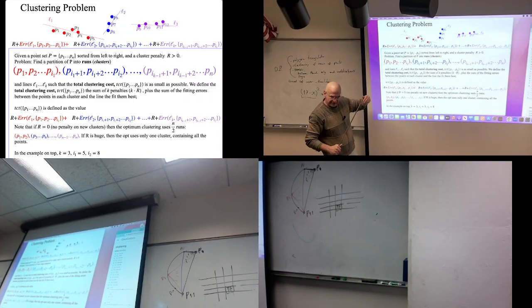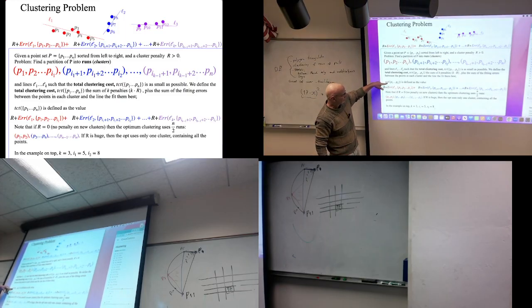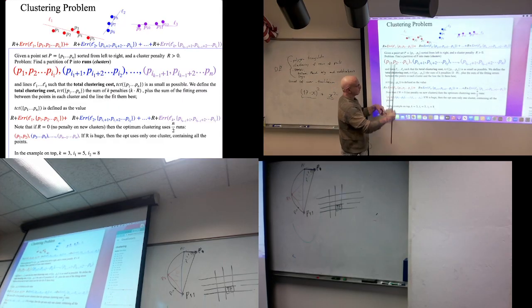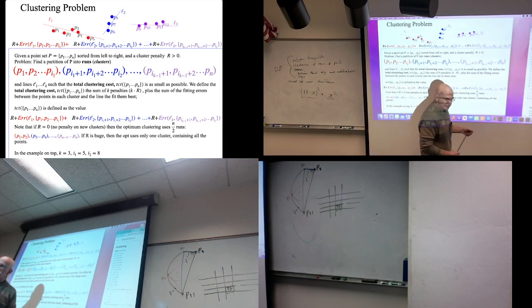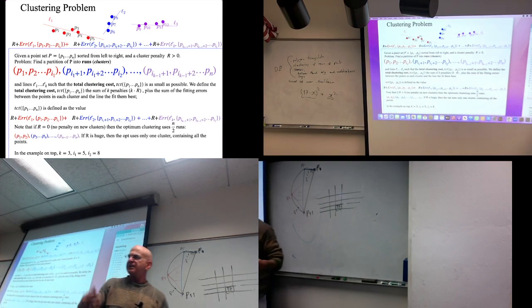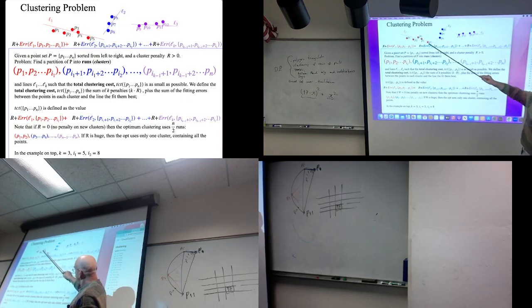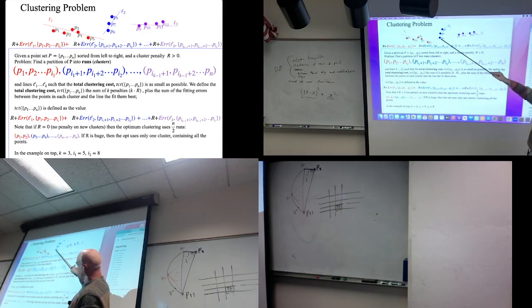The total cost that we are paying for the whole set is defined by the penalty for the first cluster plus the best line that fits the first cluster. I need, as part of the algorithm, to also be told where the first cluster ends, where the next cluster starts. Once I know where the first cluster ends, the next cluster will just start at the next point.